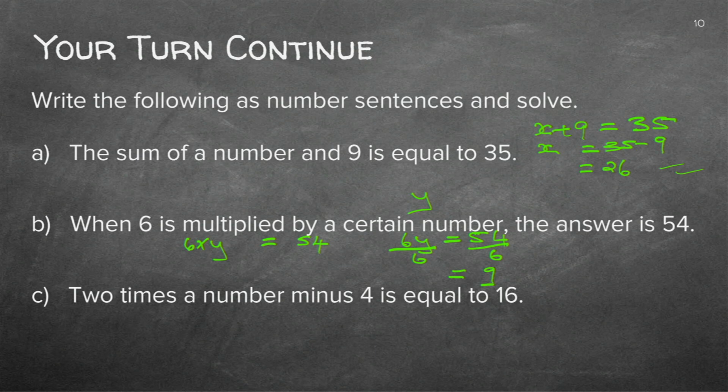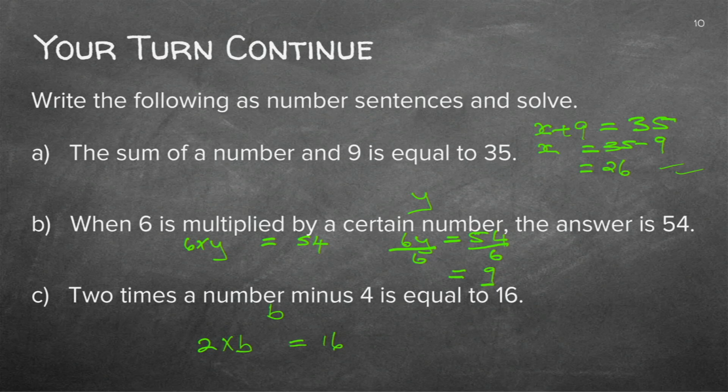The last one on this page: 2 times a number minus 4 is equal to 16. So say our number is b. 2 times b equals 16, right?